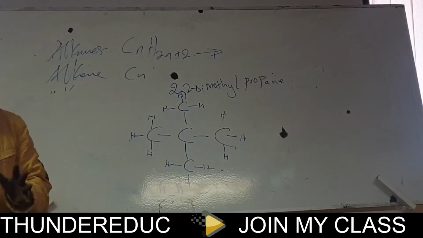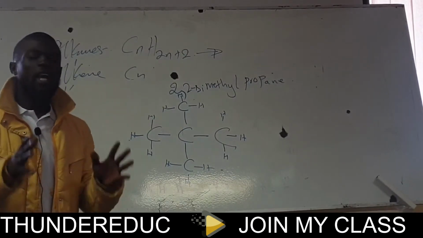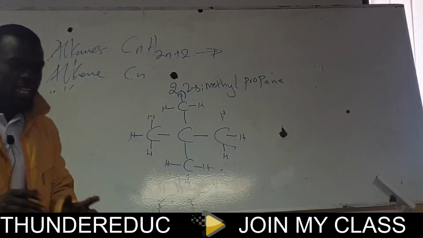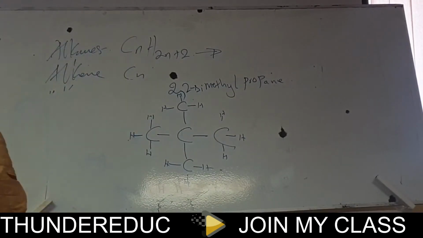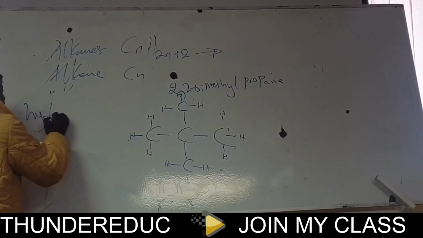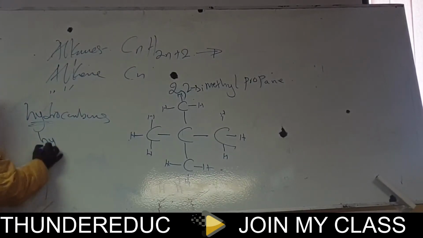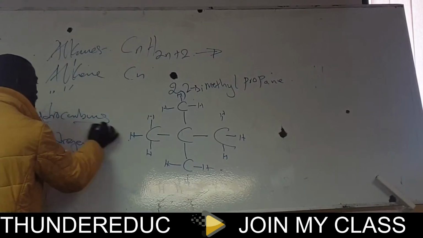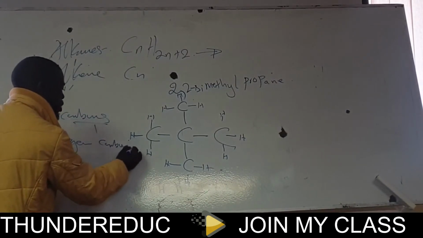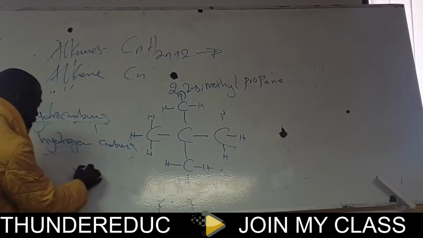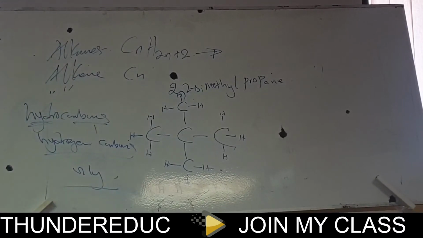These are molecules which are made up of carbon and hydrogen only. Hydro from hydrogen, carbons. It means that it is made up of hydrogen and carbon only. You want to see that word only.